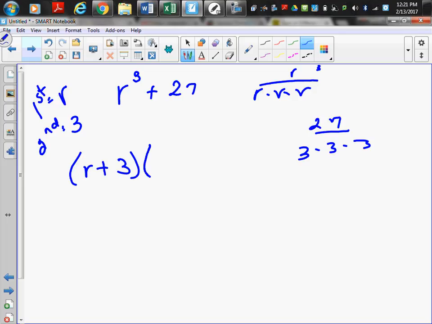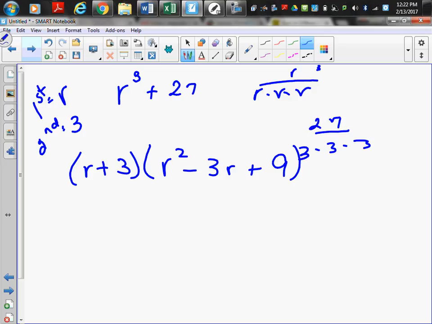Then it says take my first squared, so that would be r squared minus first times the second, 3r, plus the second squared. And your factor. I got it. I did not pay attention. All right.